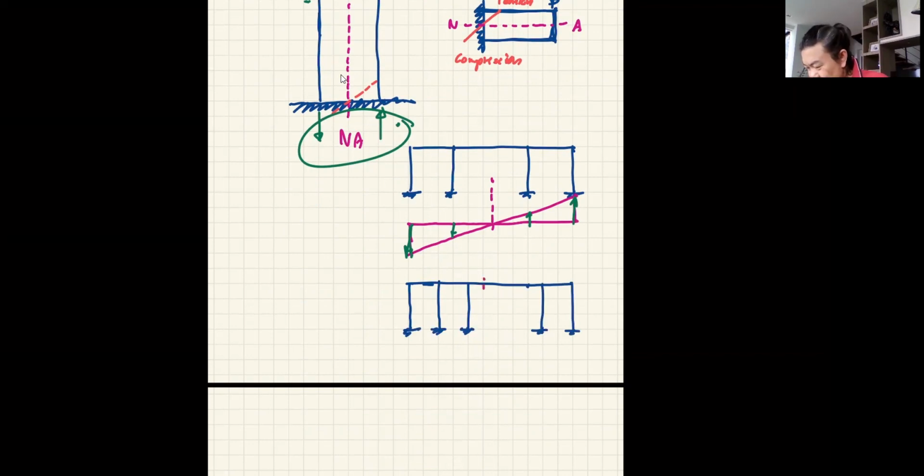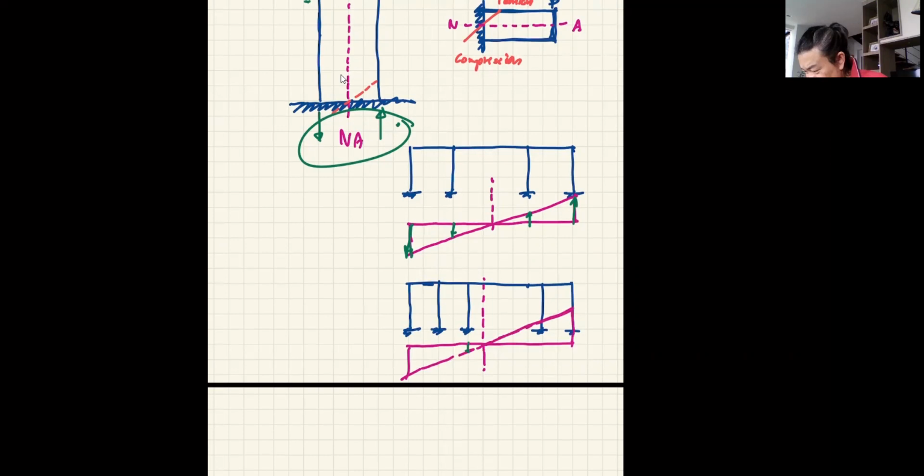So let's say if the neutral axis is here, now the proportion of the force is going to be different. You have to try to locate that and use the correct proportion to approximate force. Now everything will not be equal.